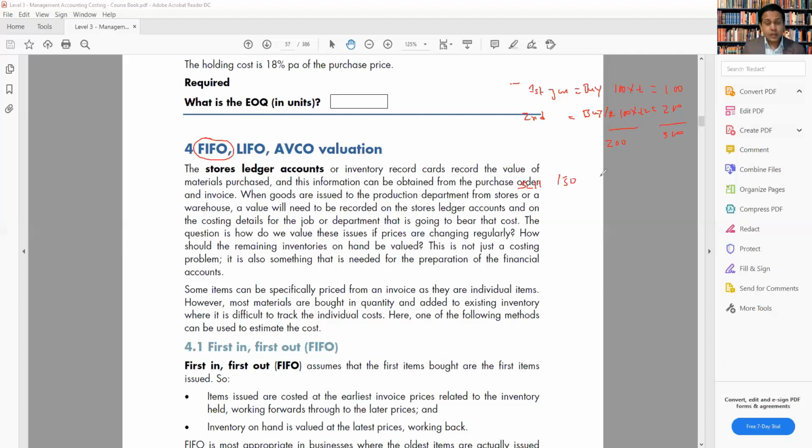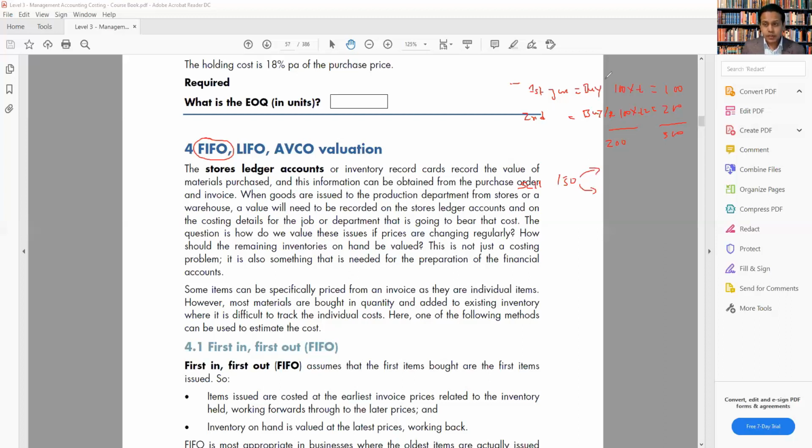How much will be the value for issuing these 150 units? Out of these 150 units, I have to take the inventory from two places.